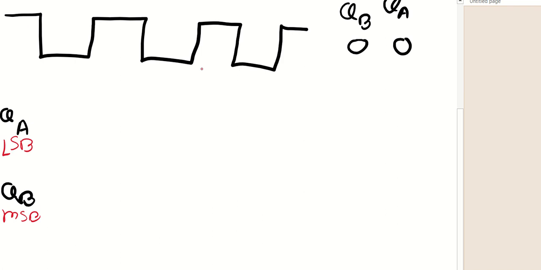Negative clock edge means from high to low. So this is your first clock edge, second negative clock edge, and this will be your third. So at each negative pulse, your output QA should change, right?